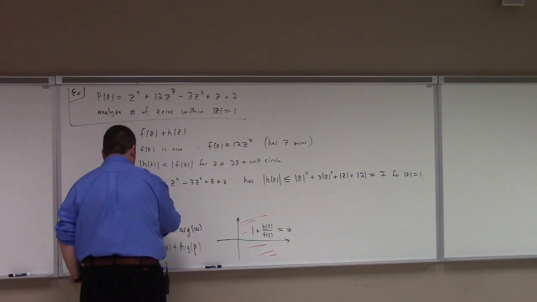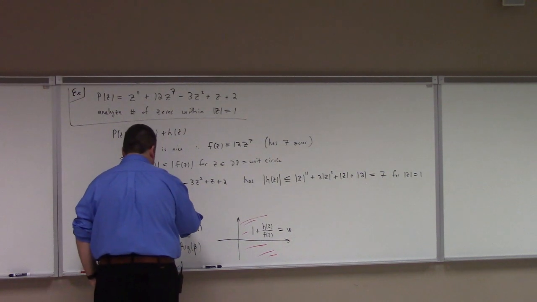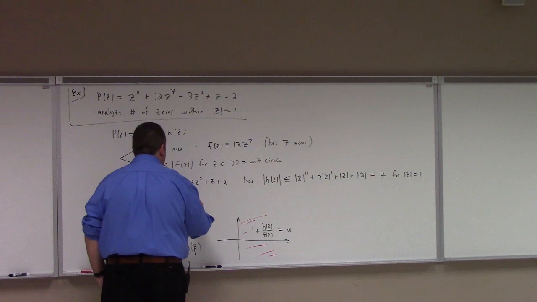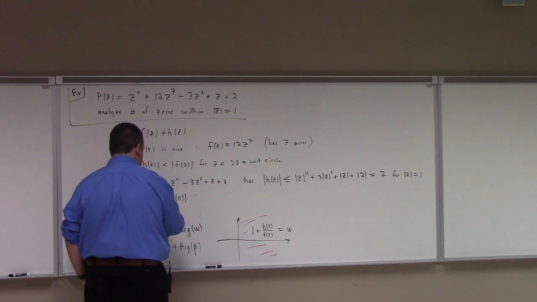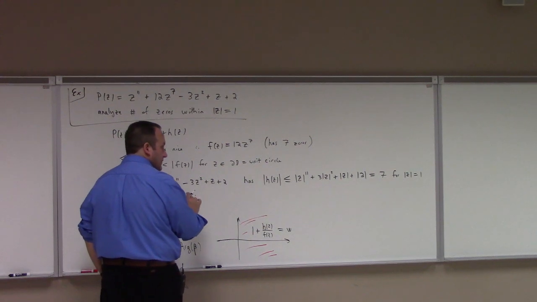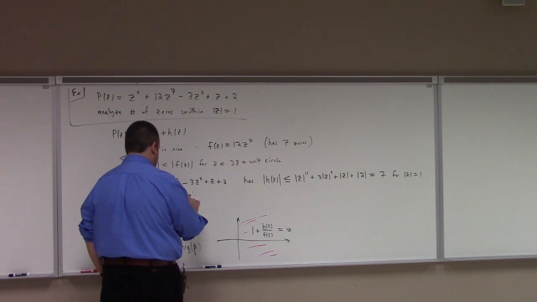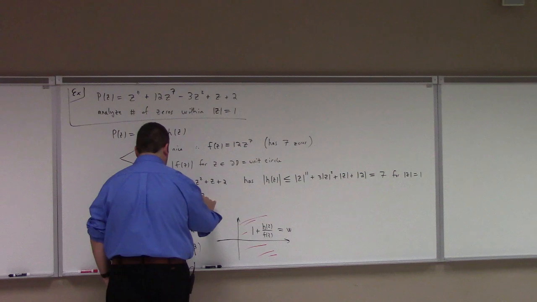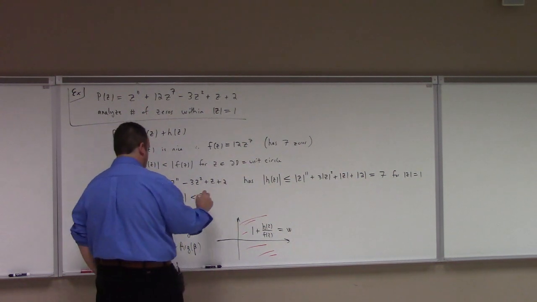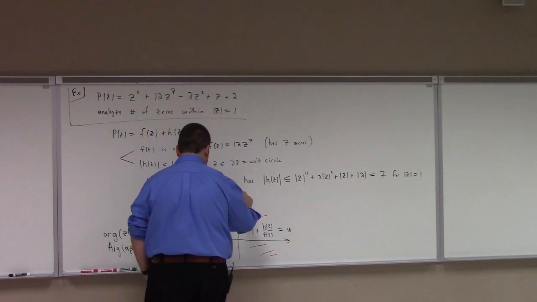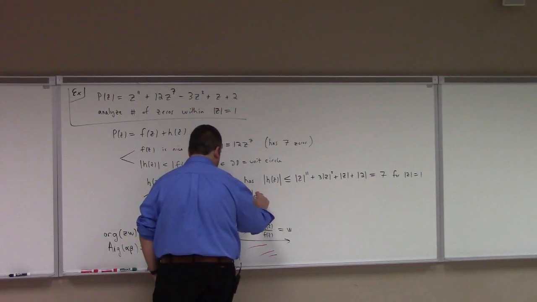Thus, the modulus of H of Z is less than or equal to 7, so this is less than 7, right? And the modulus of f of z is equal to what?